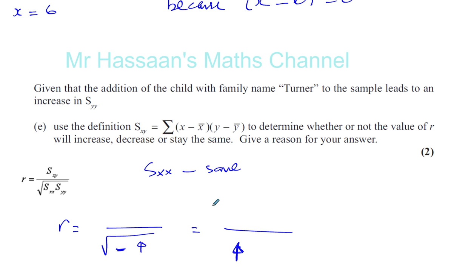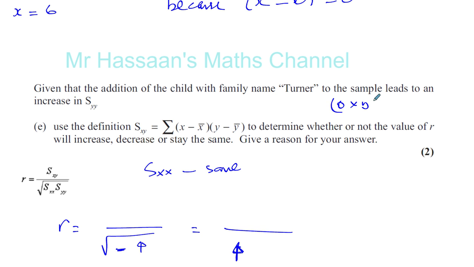Now for the numerator, Sxy, what will happen to the numerator? For the next term, the sum of all those, this will be 0, and the whole thing will be 0 because you'll have 0 times y.